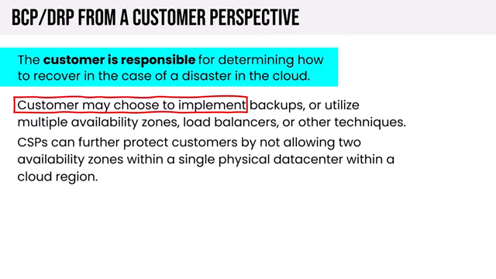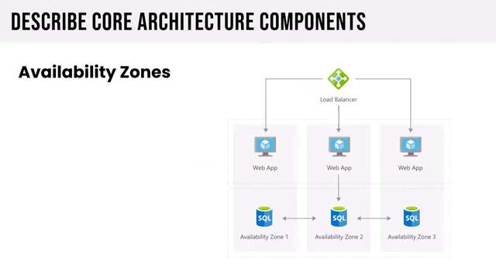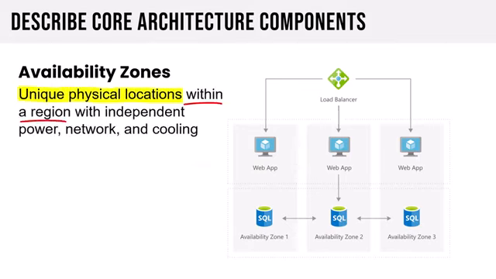CSPs can further protect customers by not allowing two availability zones within a single physical data center within a cloud region. Now, we talked about availability zones all the way back in Domain 1, so let's just briefly revisit the concept of availability zones in a cloud data center to refresh your memory here. So availability zones are unique physical locations within a region with independent power, network, and cooling.